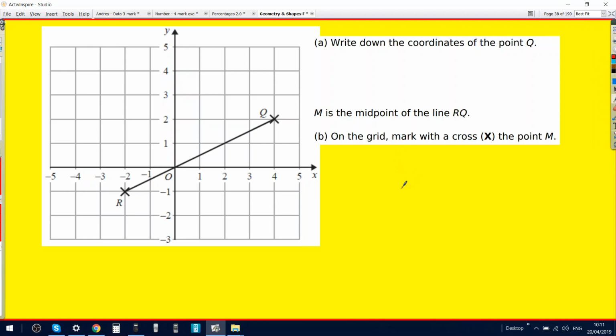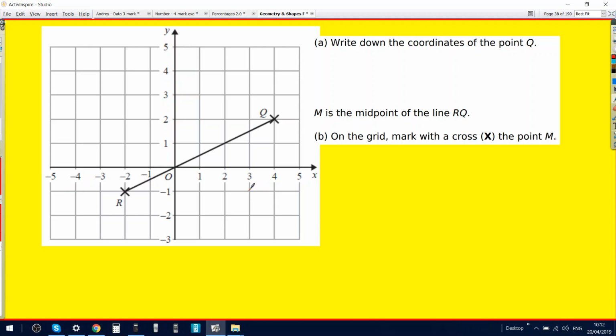On the grid, mark with a cross the point M, the midpoint. So hold on, 1, 2, 3, 4, 5, 6. It's between the corners 0 and 1, so where the line is.